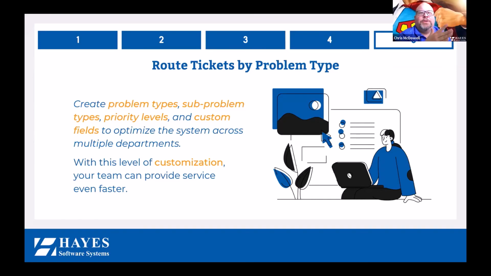So you can customize those to prompt even more accurate information so your team can resolve tickets even faster. And we fine tune that routing process so the ticket goes directly to the correct technician without having to sit in limbo waiting to be assigned. The student or staff member creates the ticket, and boom, the end technician has it in their hand. Great question.